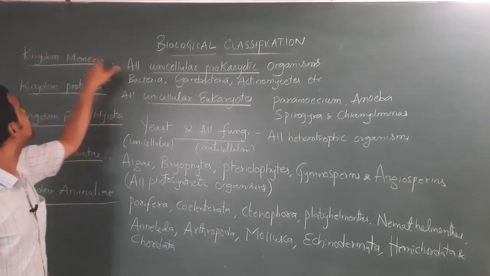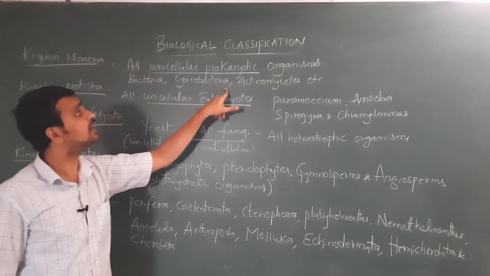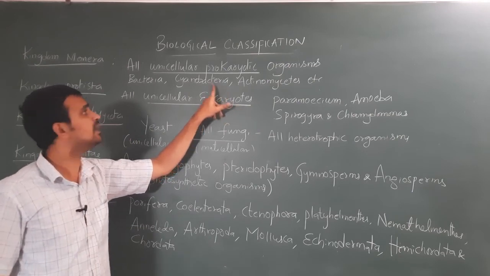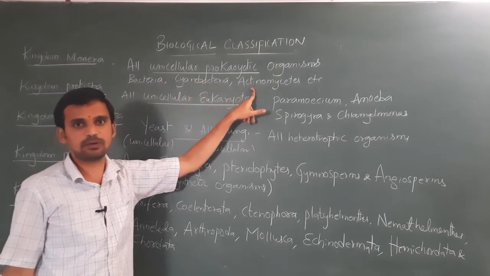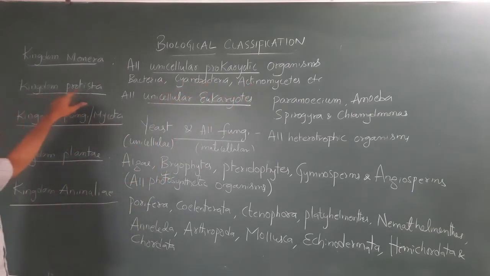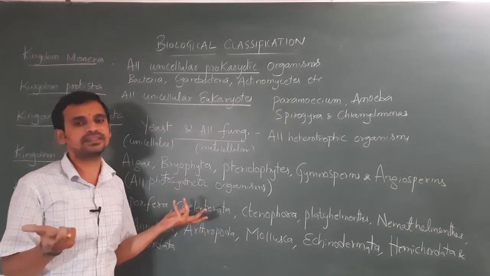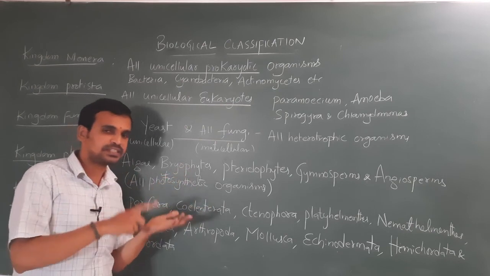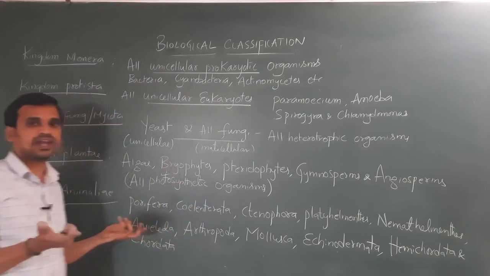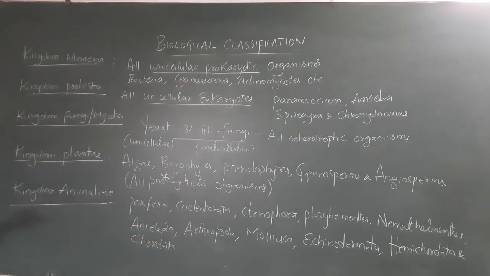In kingdom Monera, only cyanobacteria can prepare their own food; the remaining are heterotrophs. In kingdom Protista, some organisms are photosynthetic and some cannot prepare their own food. In kingdom Fungi, all are heterotrophs and depend on other organisms for their food.